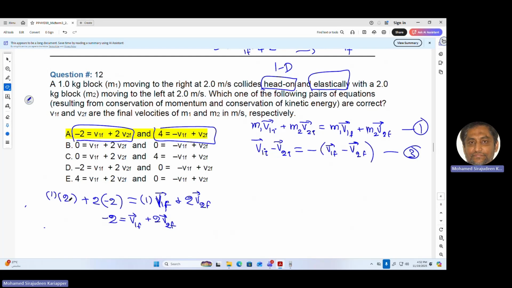Leave it aside. Now you got this. Is that the only equation giving this? No, there may be others. Anyway, we got the first one. Now let's go to the second one.